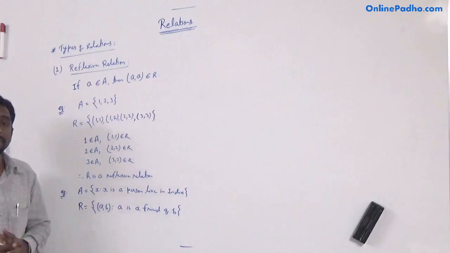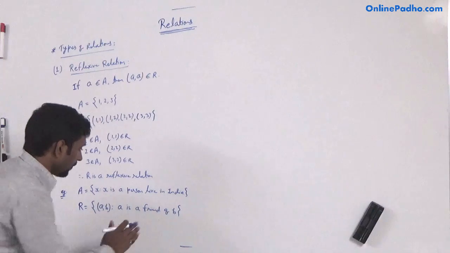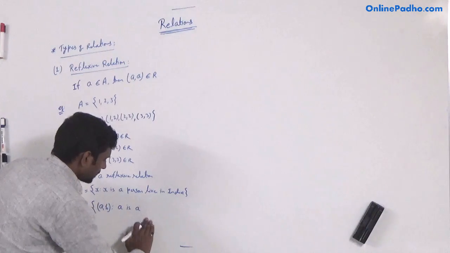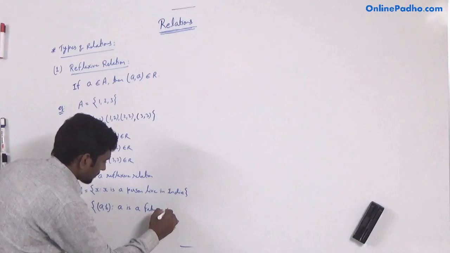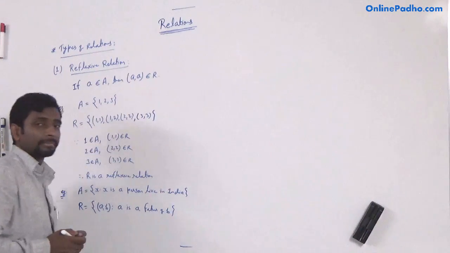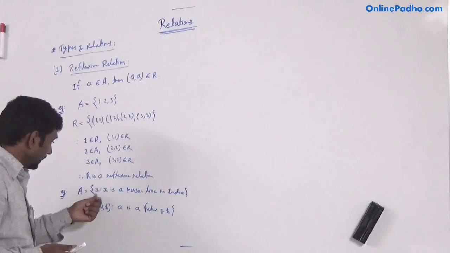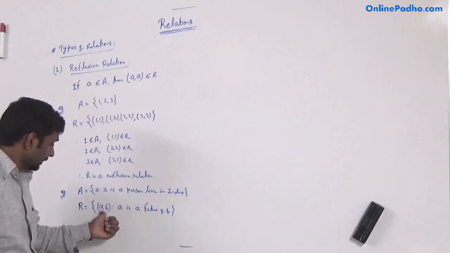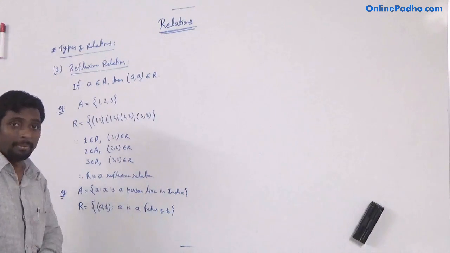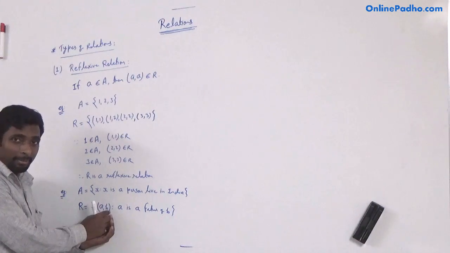Or we can also say many relations we can take: a is a father of b. What is set A? x is a person living in India. And what is the relation (a, b)? a is the father of b. (a, b) is an ordered pair.